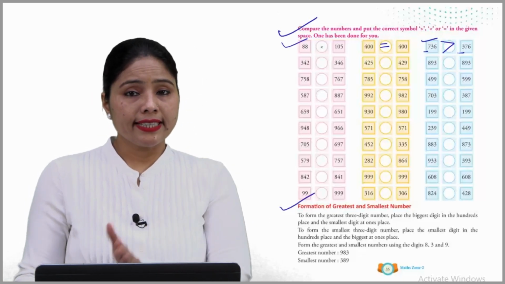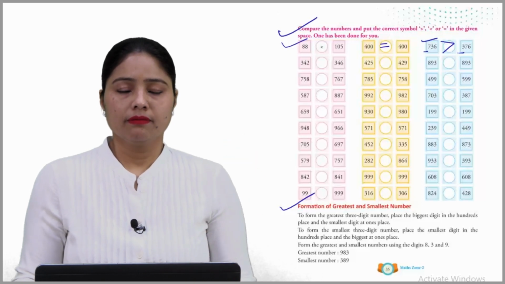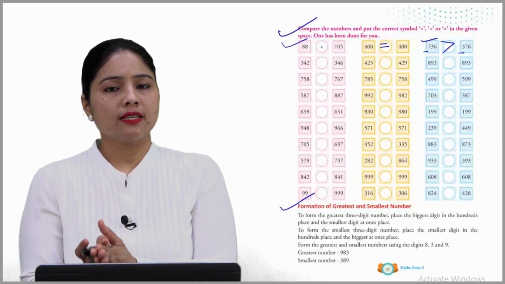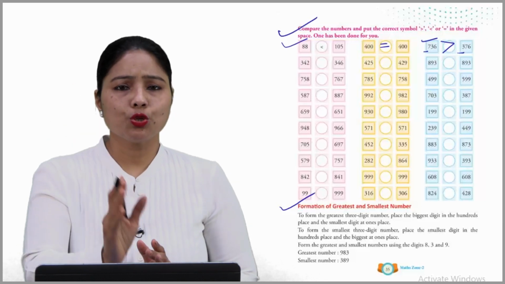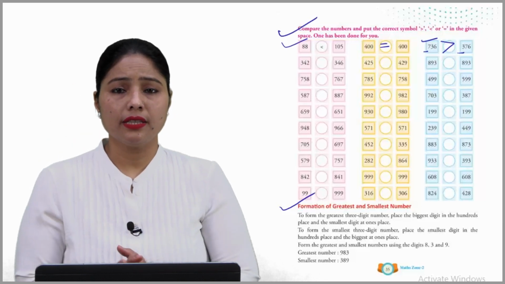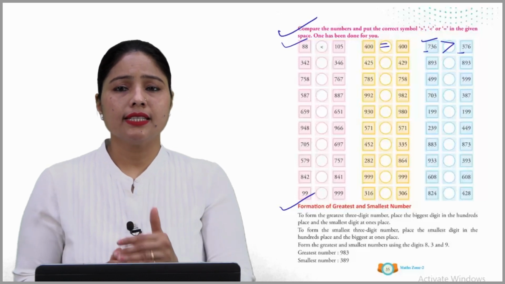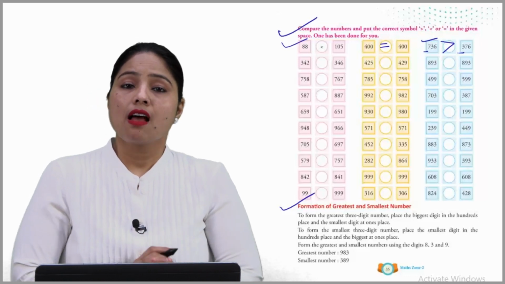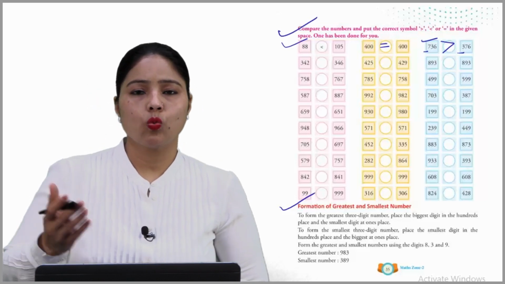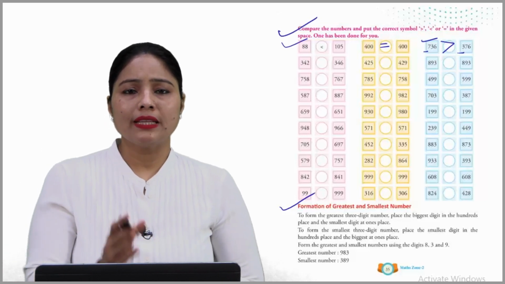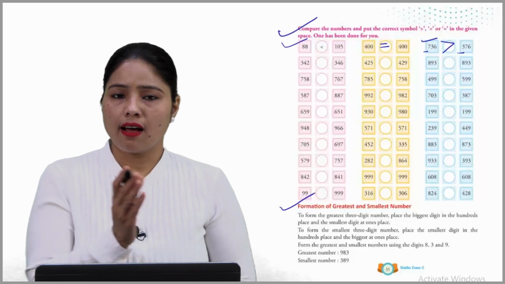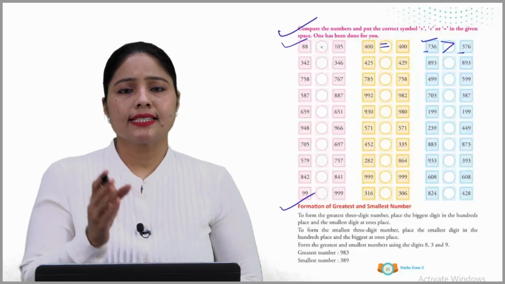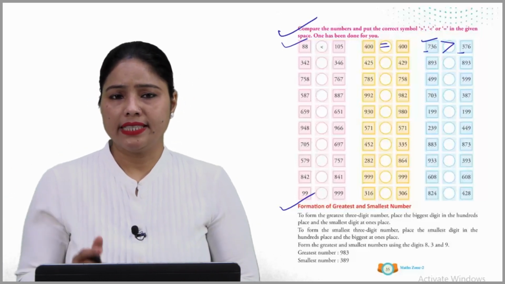Formation of greatest and smallest number. हमें greatest और smallest number कैसे बनाने होते हैं? Let's start. To form the greatest 3-digit number, place the biggest digit in the hundreds place and the smallest digit at the ones place. To form the smallest 3-digit number, place the smallest digit in the hundreds place and the biggest at the ones place. Okay?